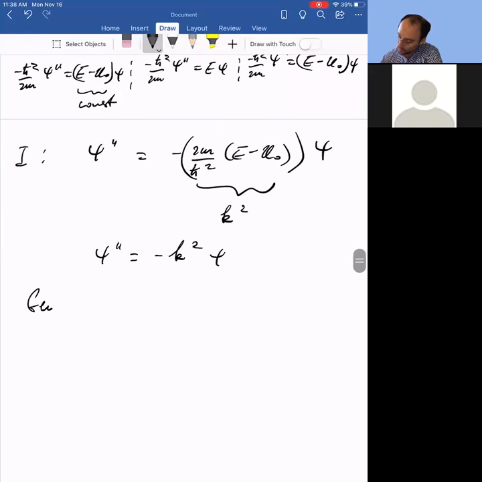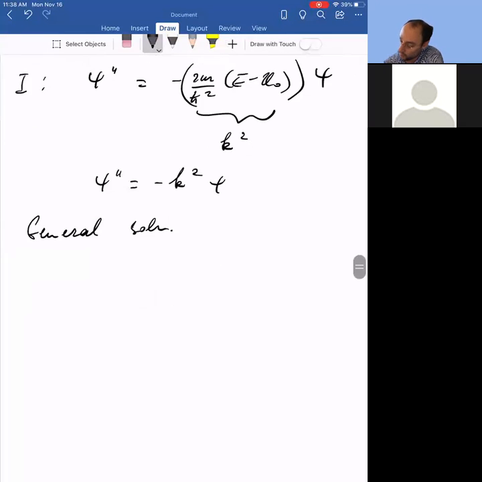And then the general solution. We discussed differential equations. The general solution in region 1 will be a combination of this and this. Now, remember this is psi of x.